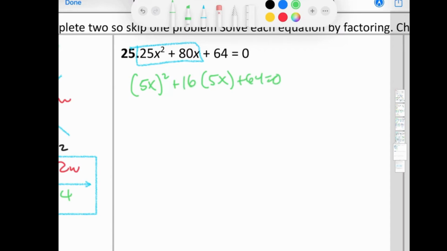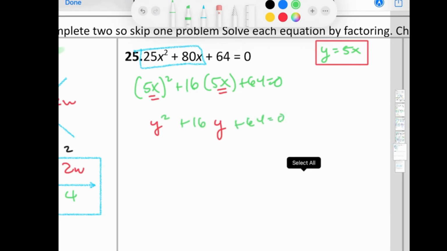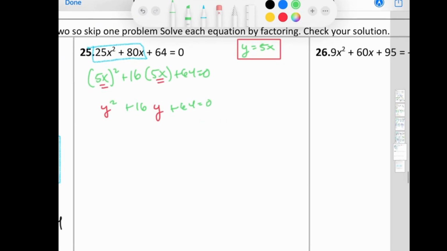Favorite variable, how about y? Every time I see 5x, we're going to write y. I see 5x, write y. Everything else is the same. And then I can do this.